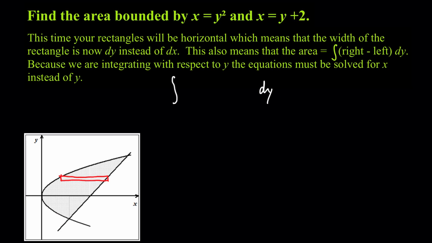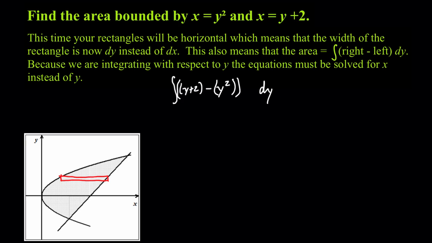So we're going to do the right equation, which is your y plus 2, minus the left equation, which is y squared. Now, the other thing to keep in mind with integrating with respect to y is no longer are the boundaries going to be x values. The boundaries are going to be the y values. So what we need to do is find the y values where these two graphs intersect each other.